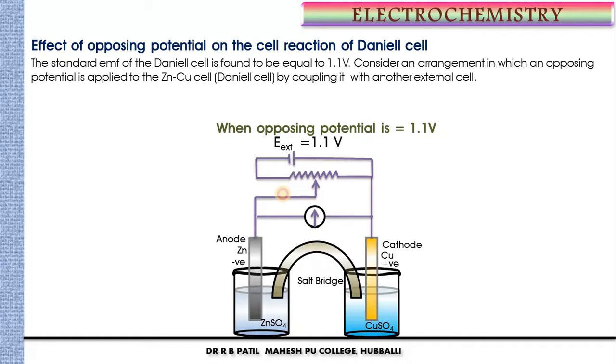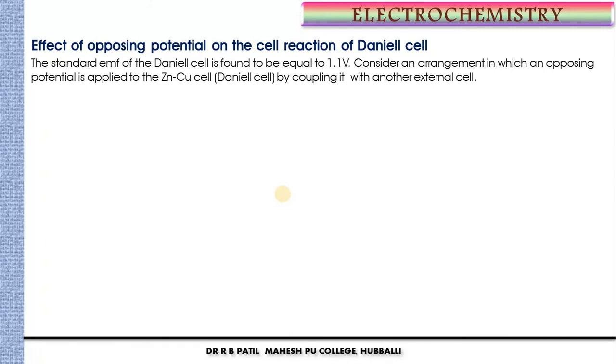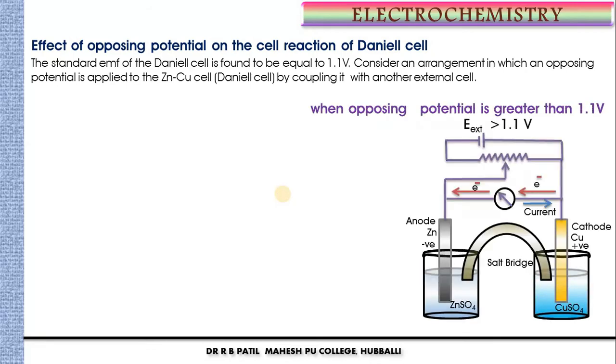And the third case, external potential is greater than 1.1 volt. In that case, our Daniell cell turns into an electrolytic cell. It works like an electrolytic cell. Now everything is going to be reversed.